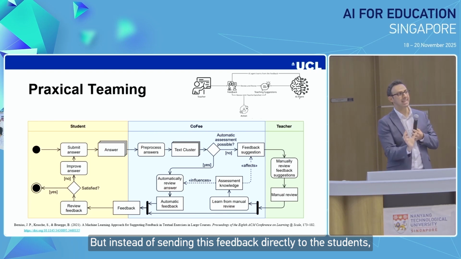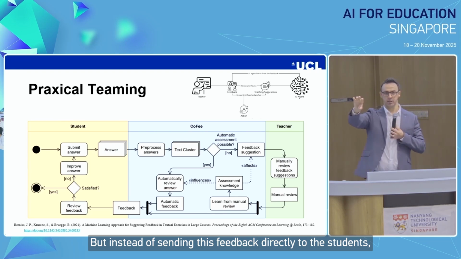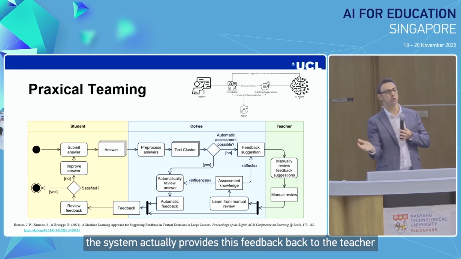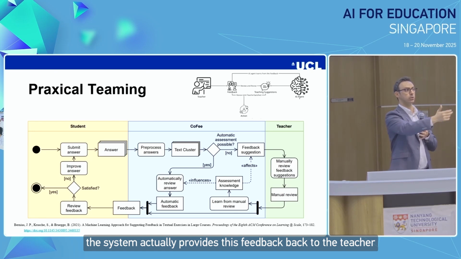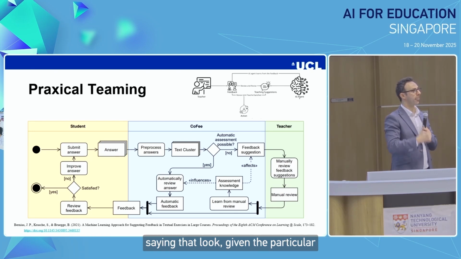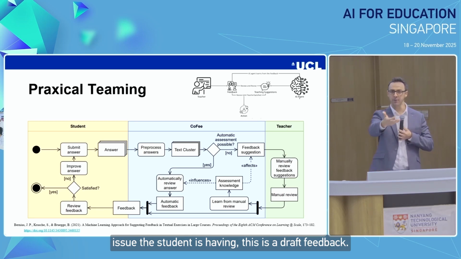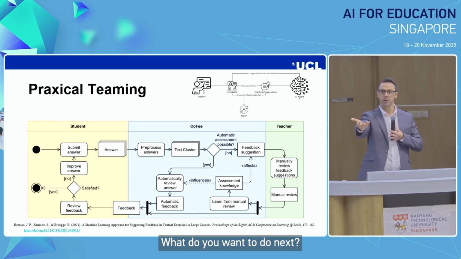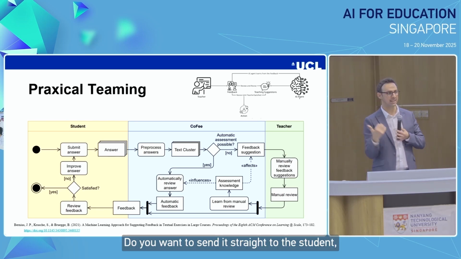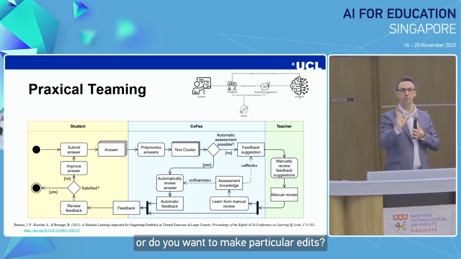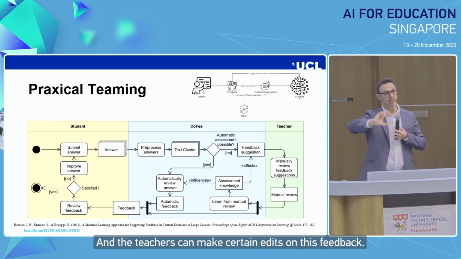But instead of sending this feedback directly to the students, the system actually provides this feedback back to the teacher, saying that, look, given the particular issue the student is having, this is the draft feedback. What do you want to do next? Do you want to send it straight to the student, or do you want to make particular edits? And the teachers can make certain edits on this feedback.